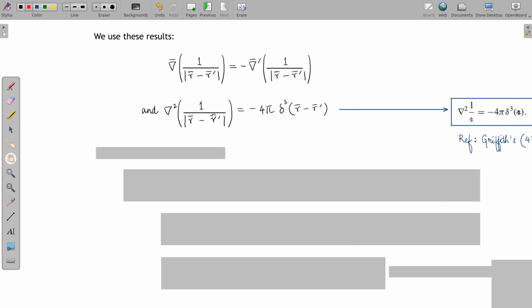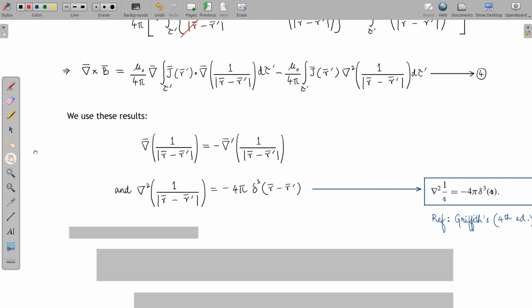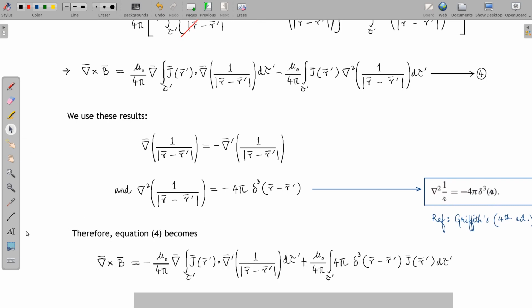Now we substitute these back in equation number 4. So curl of B, same as before. Here we have replaced this gradient with gradient prime, so we get an extra minus sign: minus mu naught by 4 pi gradient of the volume integral of j dot nabla prime of 1 by modulus r minus r prime.